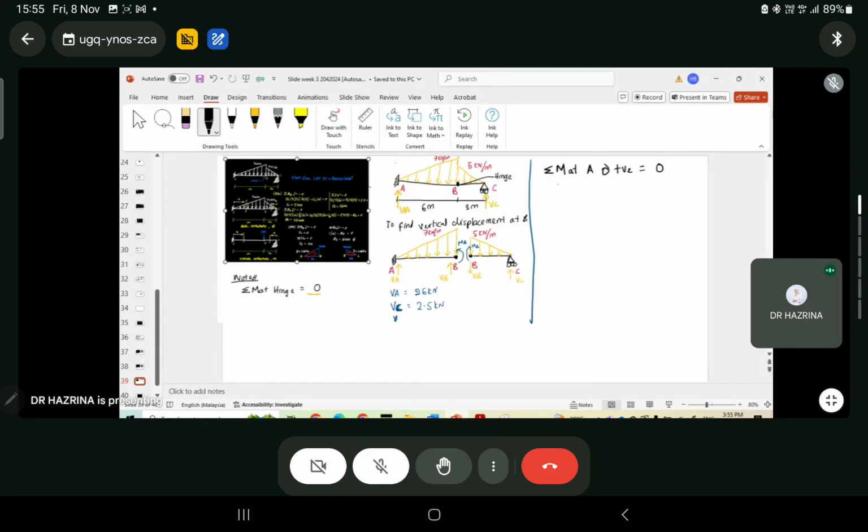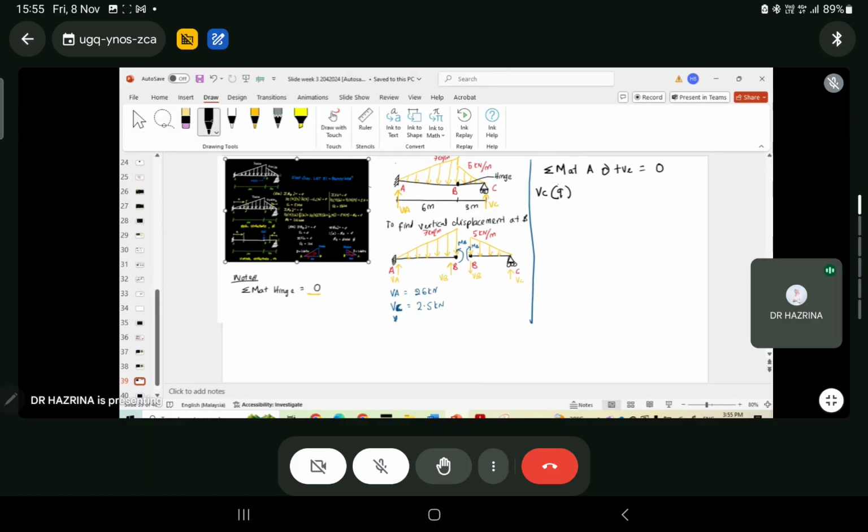So in this case, what will you find? You will have VC as usual. So you have VC, and you multiply by the length. Remember, moment is the force perpendicular to your displacement. So in this case, you have VC, you multiply with the distance 9 meter.